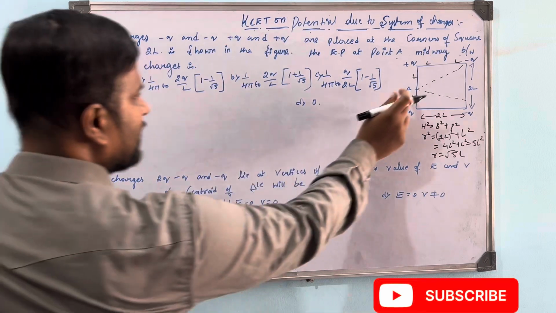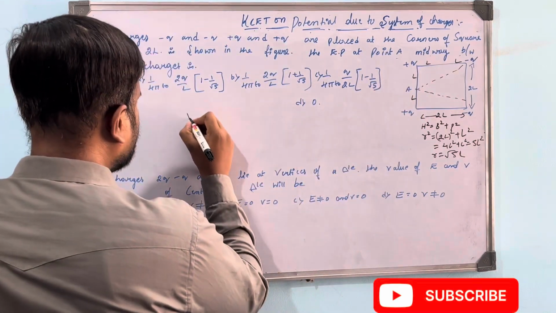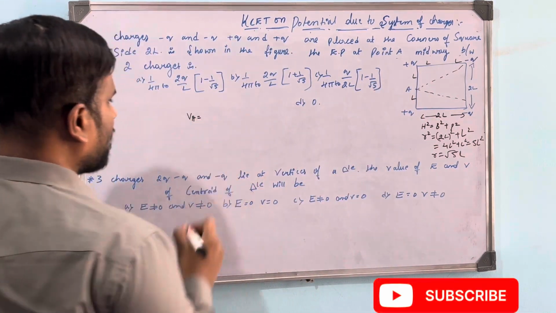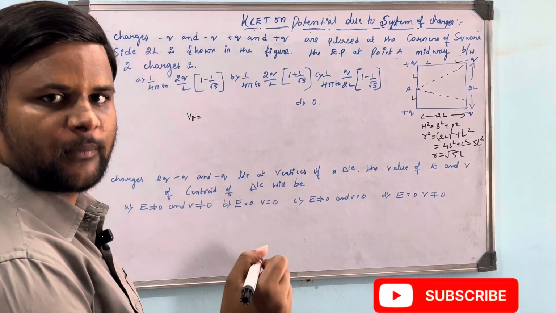Now we need to calculate the potential at A. VA is equal to 1 by 4 pi epsilon naught q by r.